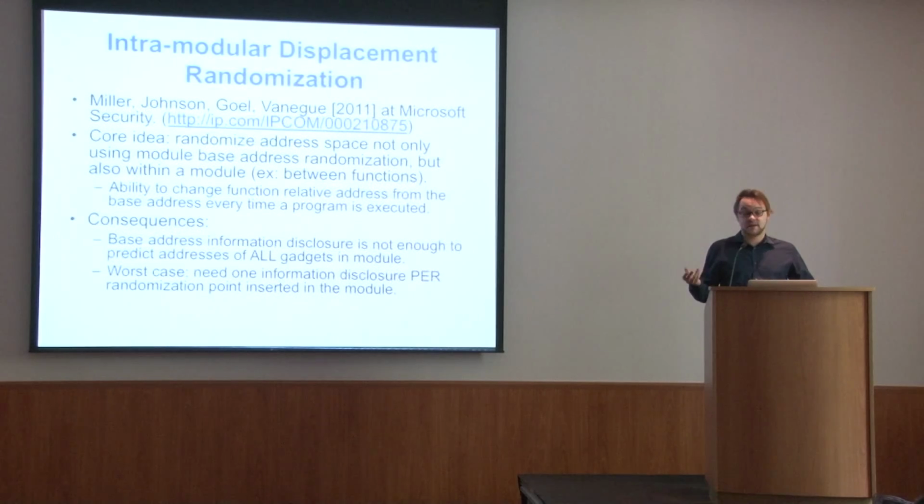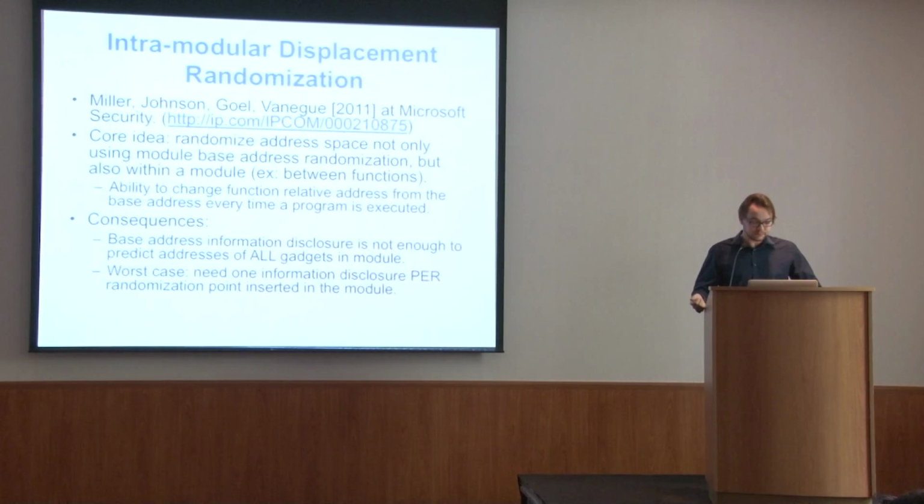When you say ASLR, you think, oh, I'm going to randomize the base addresses of DLLs, for example, or libraries that are being loaded. But it means that if you have one information disclosure within this module, then based on the base address or whatever other address in the module, you're going to be able to predict the address of all gadgets, of all instructions that you might want to use in your raw payload within that module. So this is kind of a problem because it means that one information disclosure is game over for DEP and for ASLR.